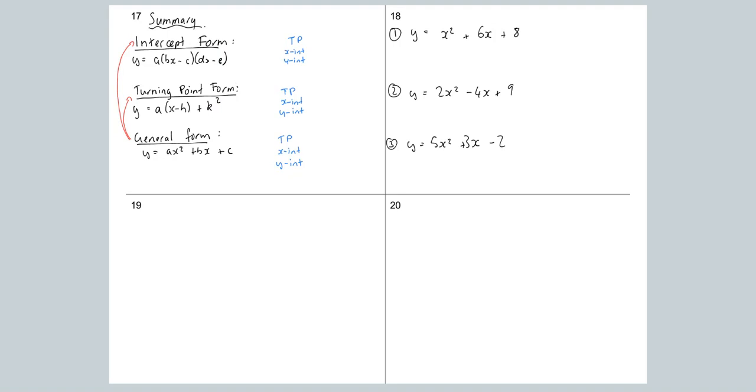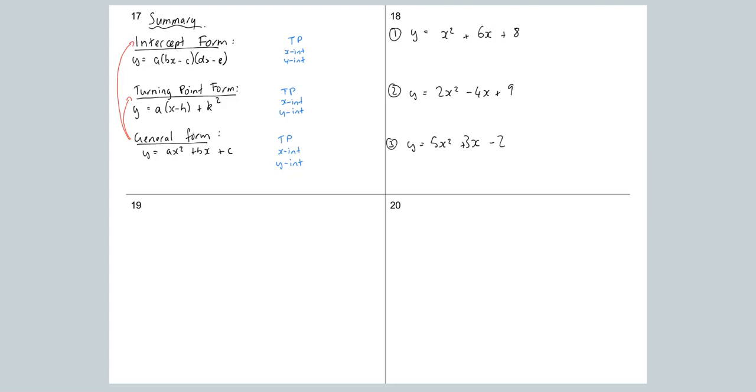You can always take the general form and turn it into turning point form, and often but not always turn it into intercept form. You can always take the turning point form and turn it into intercept form. Almost always, though, the only time you want to transform it is if you've got it in general form and you think it would be easier to get information out by turning it into turning point form or intercept form. Okay, but you can move freely through them.